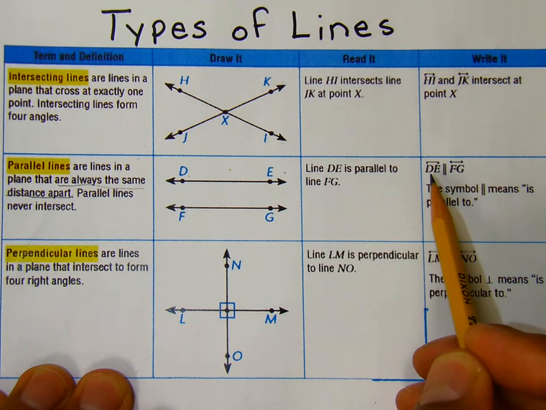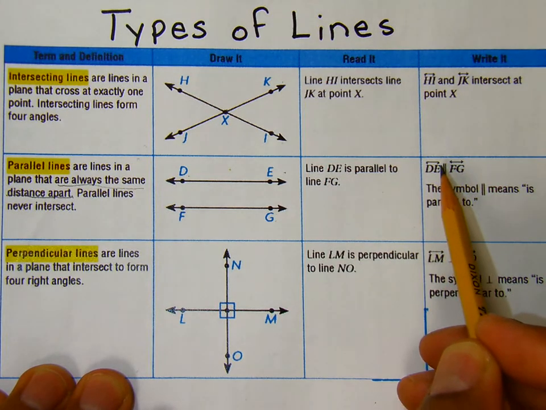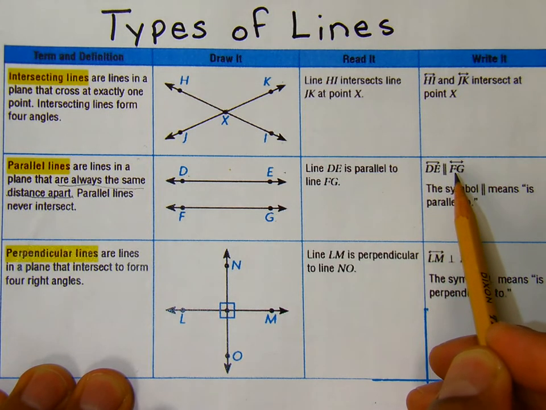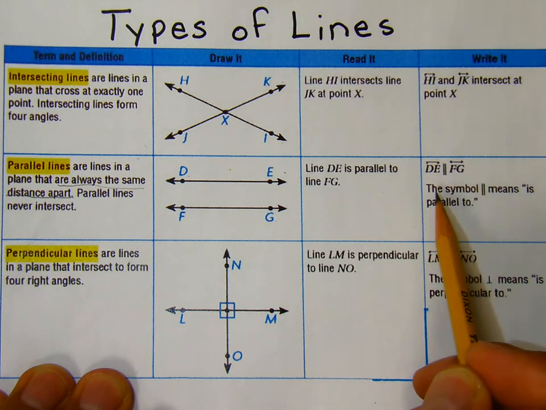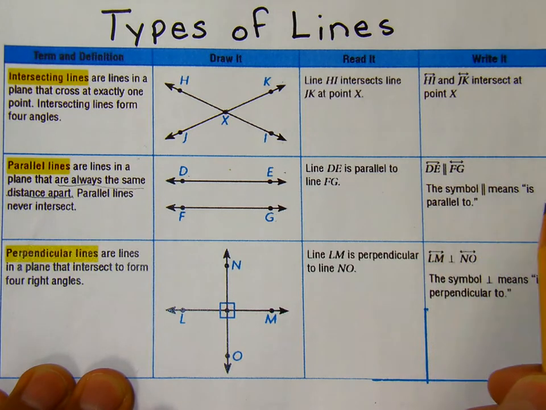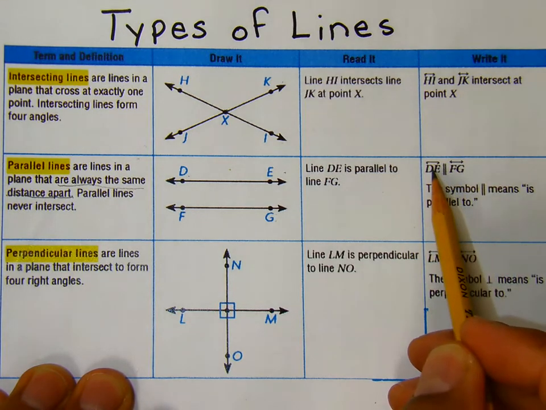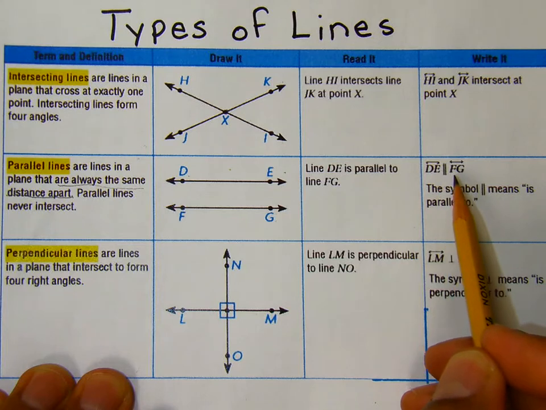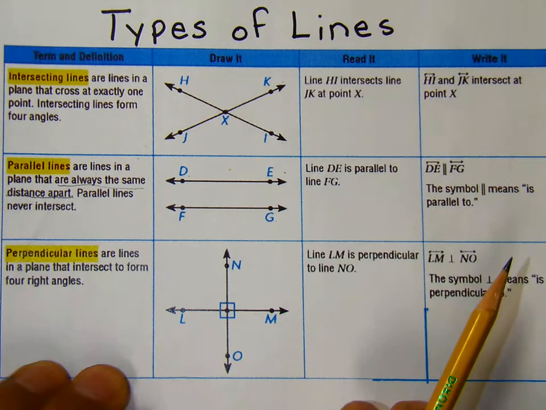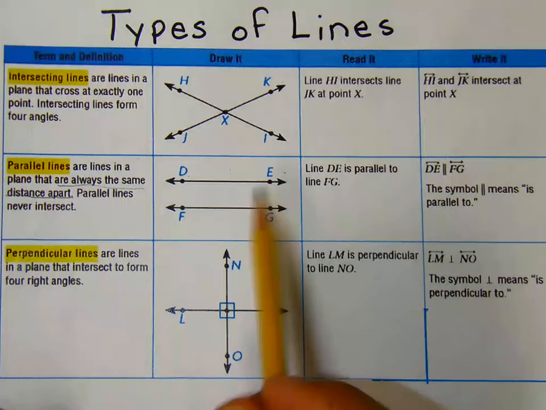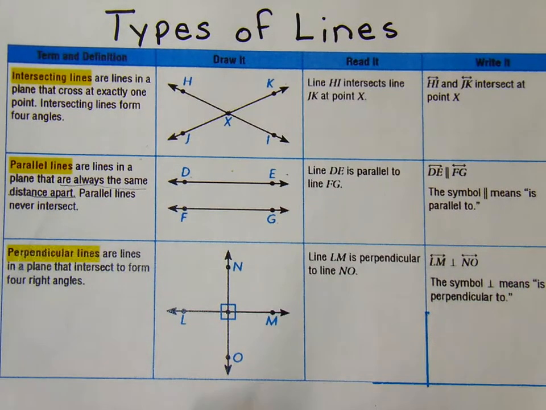We can write it as line DE is parallel, that's a parallel symbol, is parallel to line FG. This symbol means it's parallel to. So line DE is parallel to line FG. The lines do not have to be the same size. I'm going to get a sticky note so I can show you.